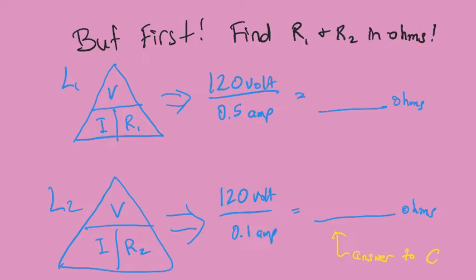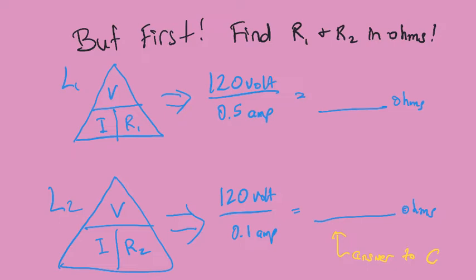Okay, that's resistance. So the first light bulb: the voltage is 120, and for R1 we solved already for the current. We had 0.5 amps, and that's the I. So now we can solve for the R. So basically we did V divided by I, top divided by bottom, equals R1.